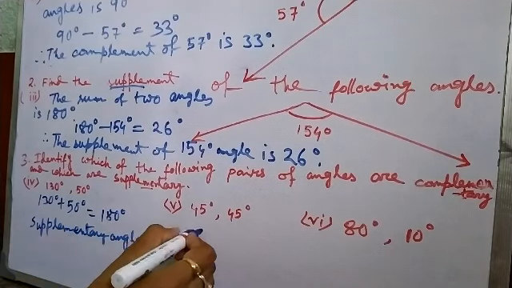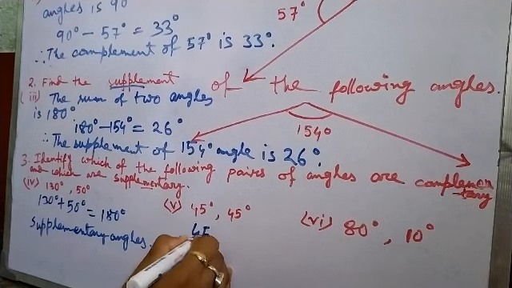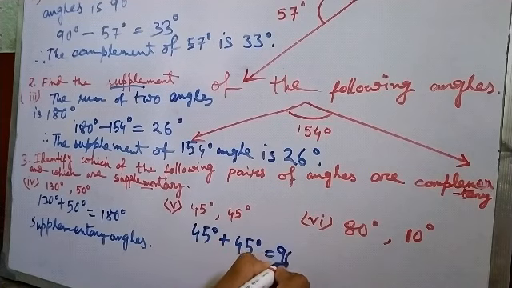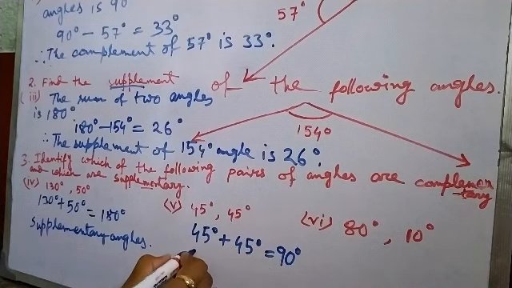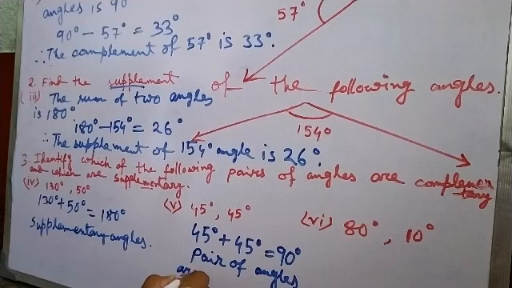Next, number 5: 45 degrees and 45 degrees. Then let's see the sum of it. 45 degrees plus 45 degrees will come 90 degrees. So this pair of angles are complementary angles.